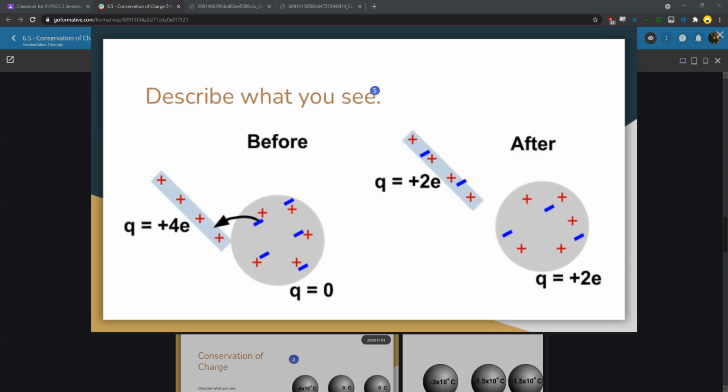So the electrons transfer over to the circuit. And when describing what you see, explain why. Some of you wrote that electrons transfer over, but why are they transferring over? Because that's really important.